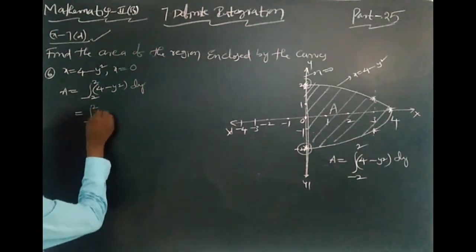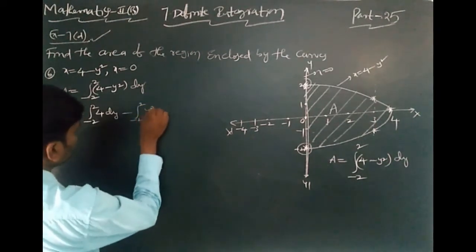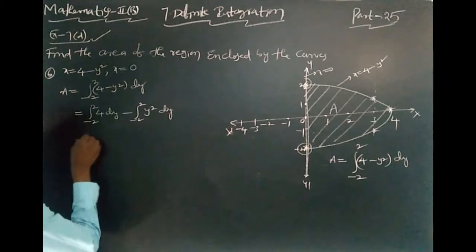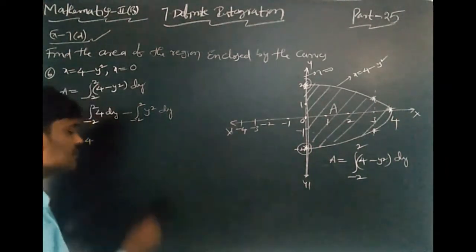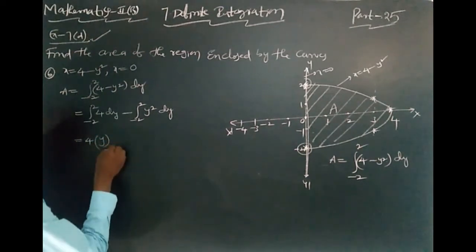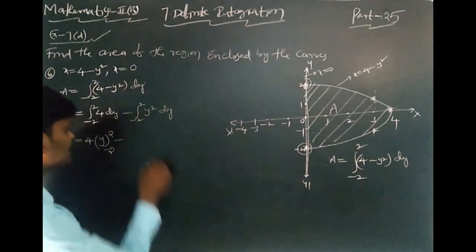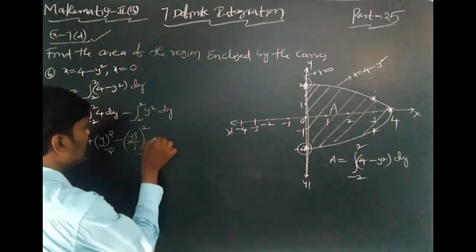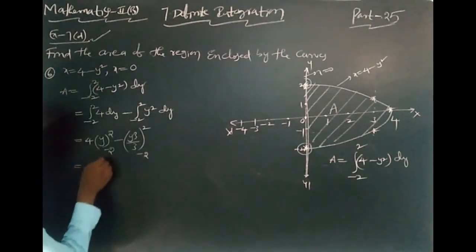Integral minus 2 to 2 of 4 dy minus integral minus 2 to 2 of y square dy. You can write 4 is common. Integral 1 dy is nothing but y, limits minus 2 to 2, minus y square integration is y cube by 3, limits minus 2 to 2. Here first apply the upper limit.